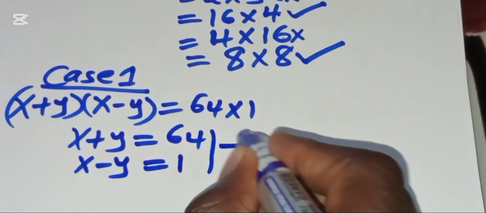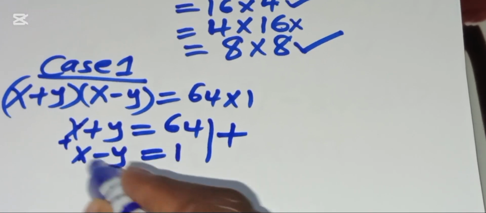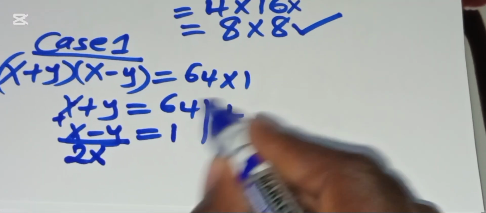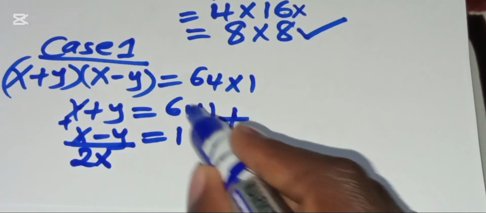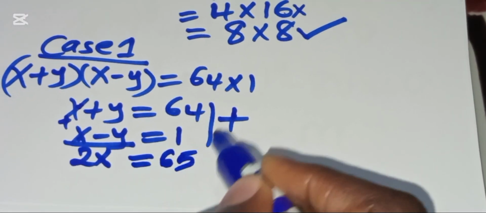So let's add these two equations. We're going to have x plus x, this is 2x, and y plus negative y simplifies, and then 64 plus 1 is equal to 65.